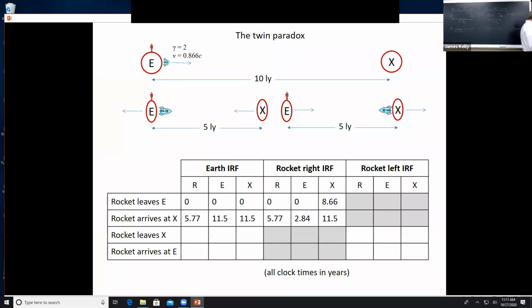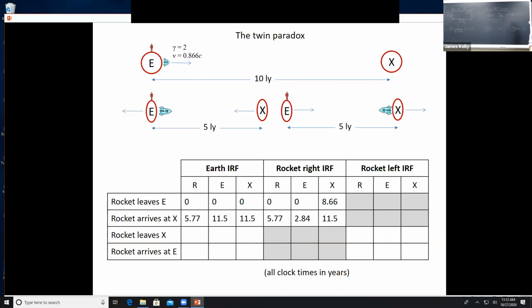In Bob's IRF, what's the time interval between the two events? Well, the important thing is that there's something that's present at both events. It's the tip of the rocket, right? Because the tip of the rocket is part of the description of both events. And we know something about time intervals between events when one of the two moving parties had a single clock that was present at both events.